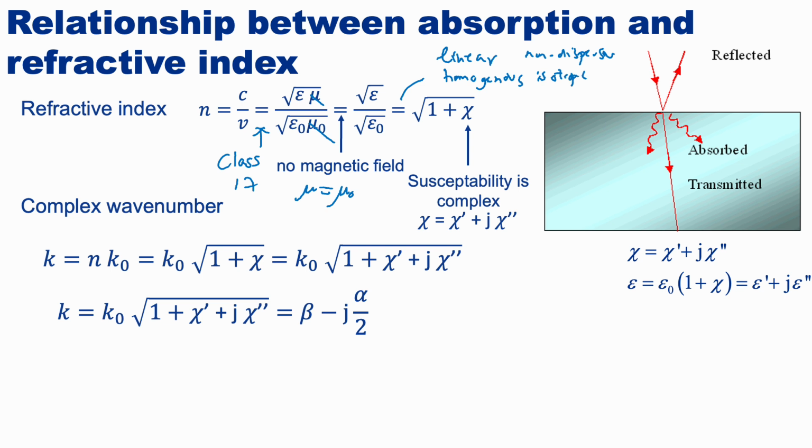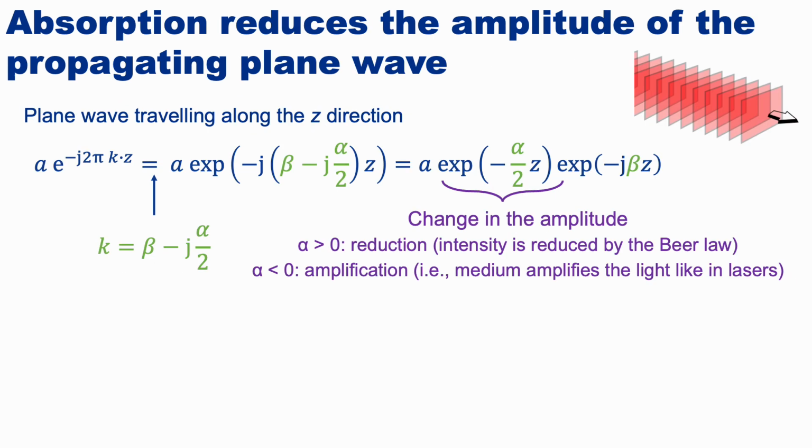In general, in this class, what we're going to introduce is that our refractive index can be complex. So that means that our susceptibility is complex, as well as the wave number is also going to be complex, right? So we know that we have a plane wave. Let's assume that we have a plane wave traveling along the z direction. So now this is going to be my complex wave number, right?